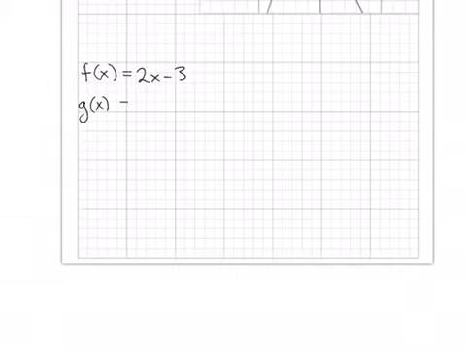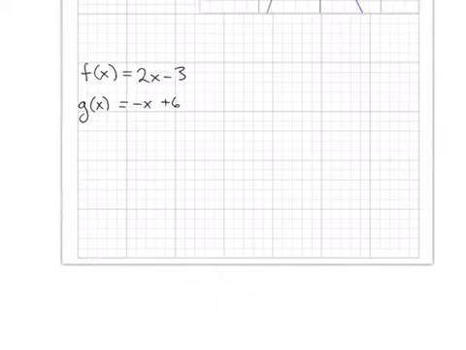Now I'd like to give a clear example of how substitution works, and I'm going to do it with functions. So let's have the first function, f, be f of x equals 2x minus 3, so that's the first equation, and the second function will be represented with the equation g of x equals negative x plus 6.